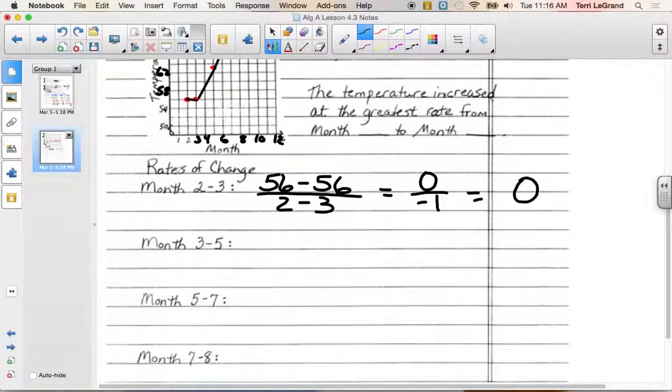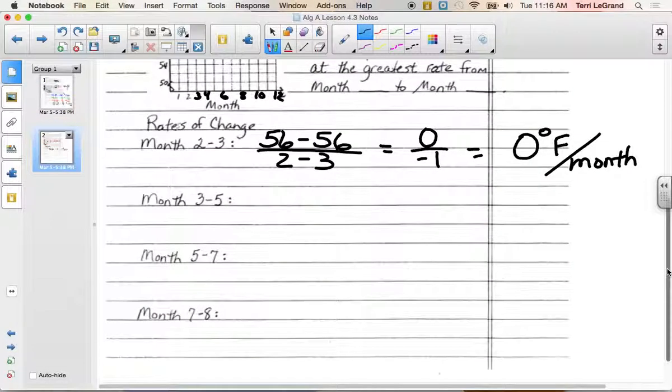Okay, remember what's on the y-axis? What's our label on the y-axis? Temperature, degrees Fahrenheit per month. Yeah, for 1 month. And we divide it out. Everything becomes per 1 on downstairs. So 0 degrees Fahrenheit per month was the rate of change in that time interval.